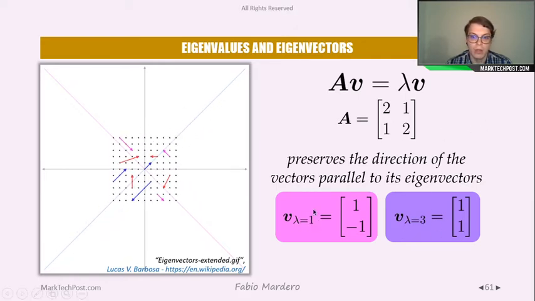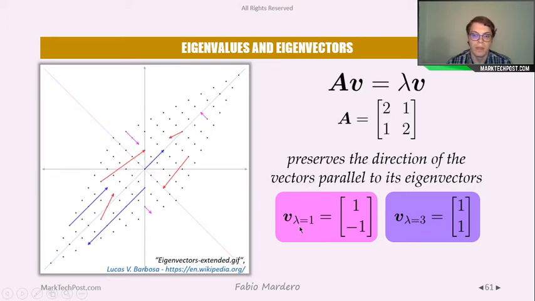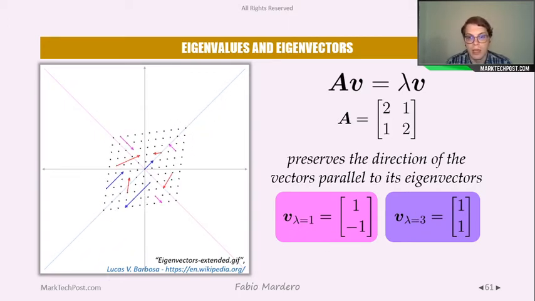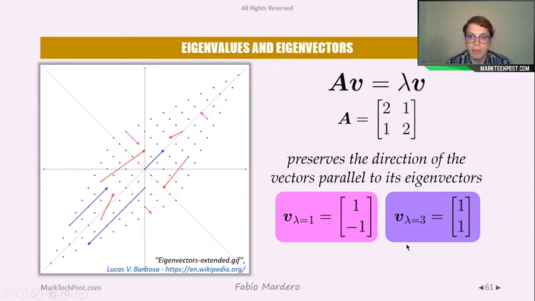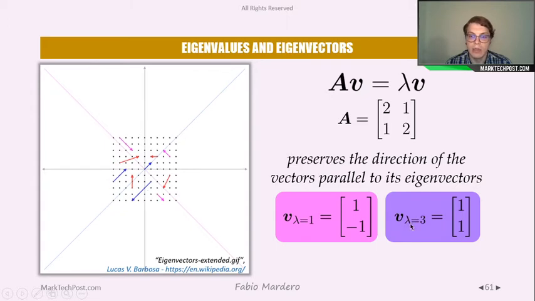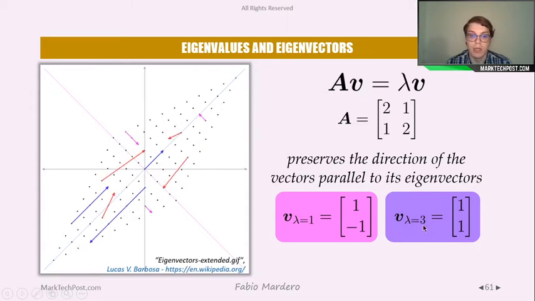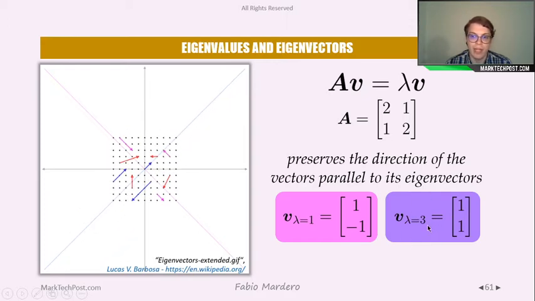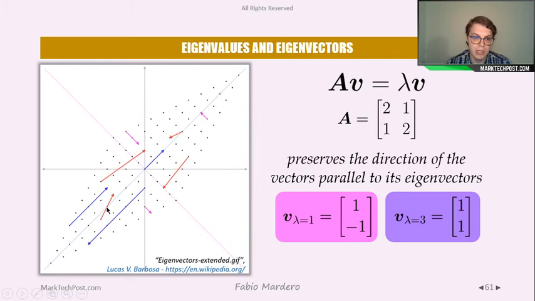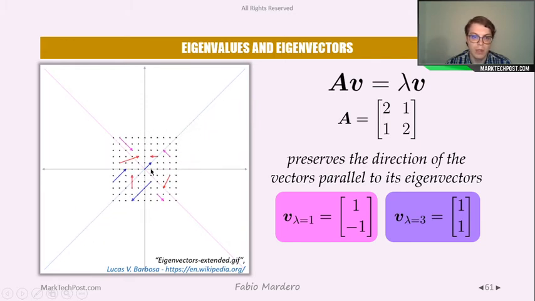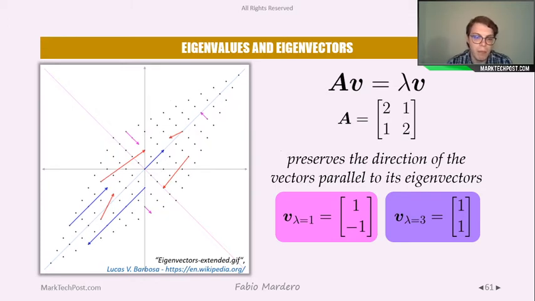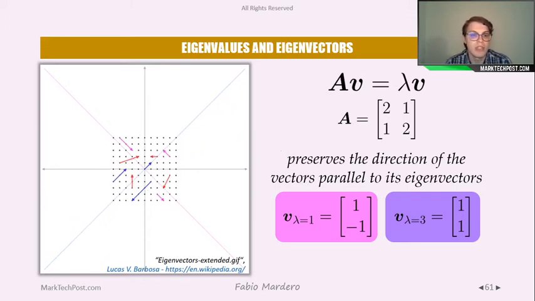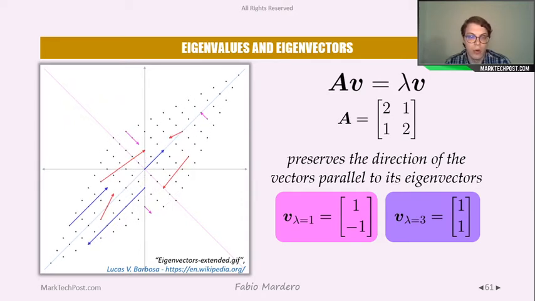Again, here the pink vectors refer to the eigenvalue equal to 1. We can say the same for the eigenvalue lambda equal to 3, in which every vector parallel to this diagonal, the blue vectors, is just scaled, but the transformation doesn't change their orientation.